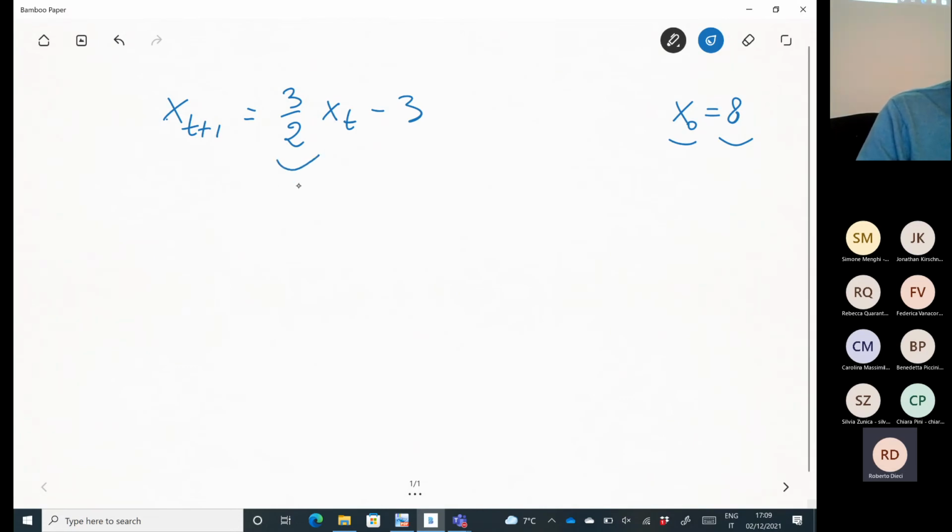So this is A and this is B. It has a steady state which is equal to B over 1 minus A, that is minus 3 over 1 minus 3/2. That is minus 3 divided by minus 1/2, that is 6.